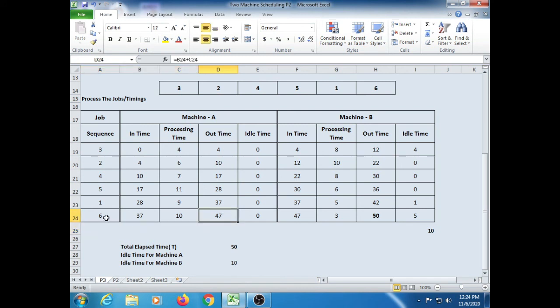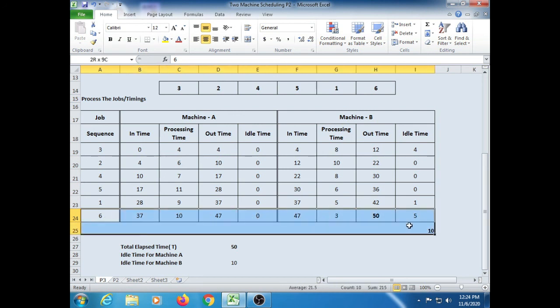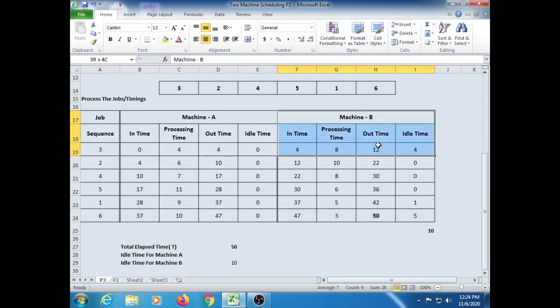But this machine A has to wait 3 more hours. Why? Because this last job we performed on machine A at the 47th hour, and we also have to process it on machine B. This sixth job we have to process on machine B for 3 hours, so machine A has to wait for 3 hours.